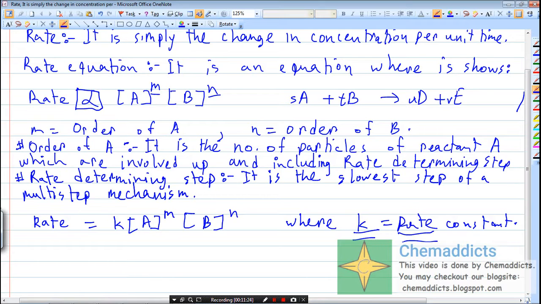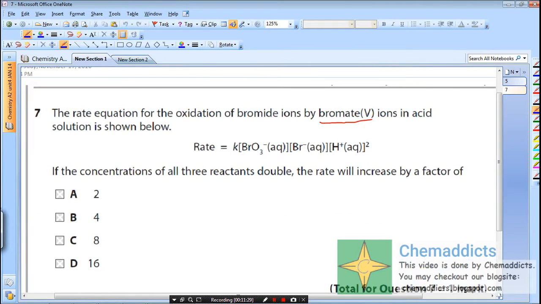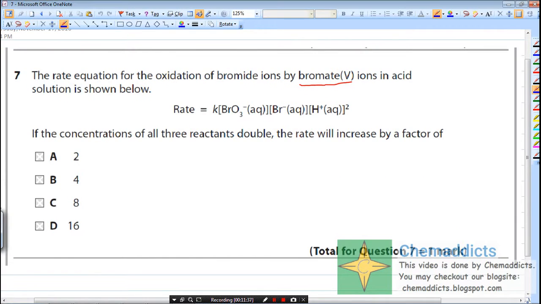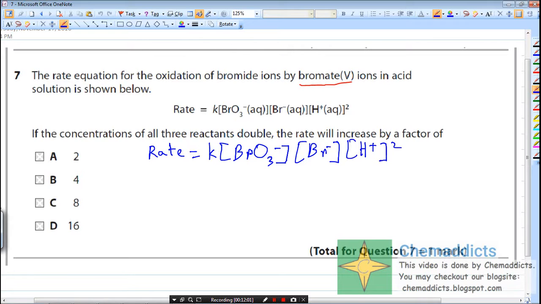Now let us move back to the question. Let us once again copy paste this whole thing: BrO3 minus, Br minus, and H plus squared.